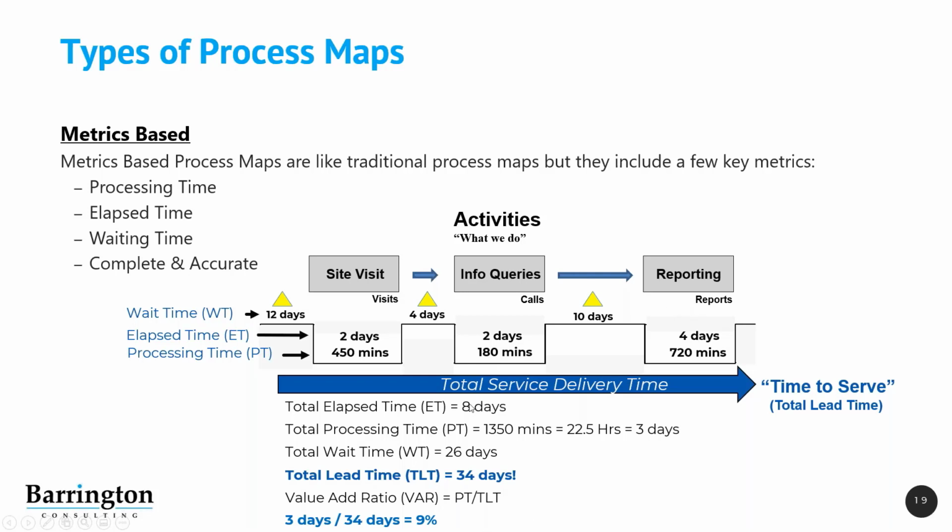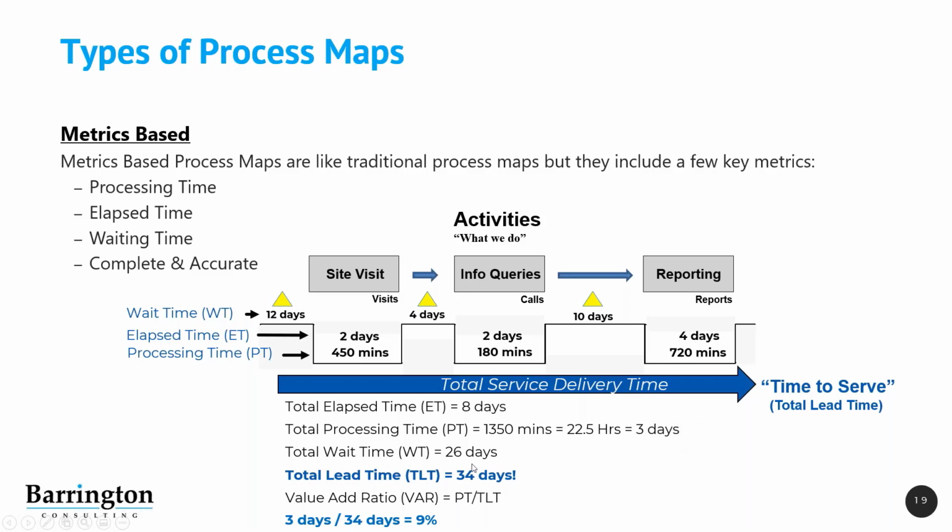What you can see down below are some summary metrics here. The total elapsed time where I've actually worked on the product, that's that 2, that 2, and that 4, is 8 days. But of the processing time of those 8 days, of the 450, 180, 720 minutes, I've only actually spent 3 days working on that process.